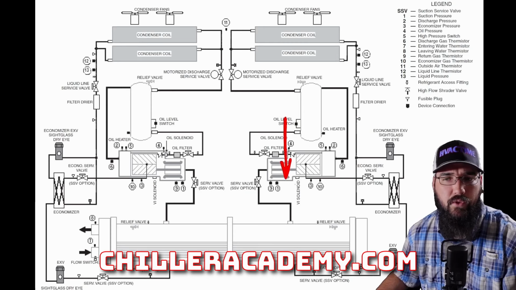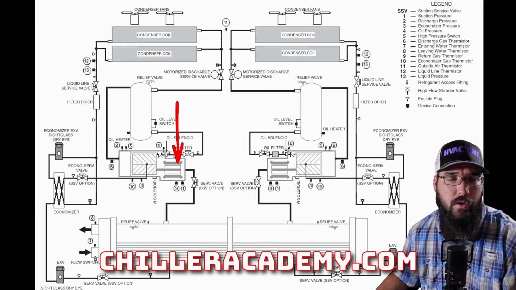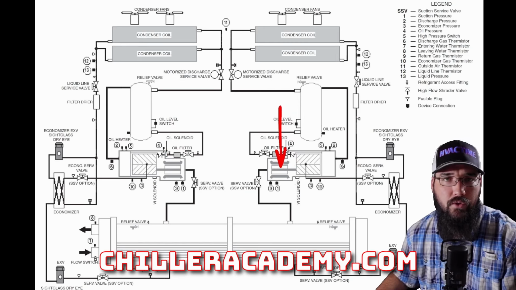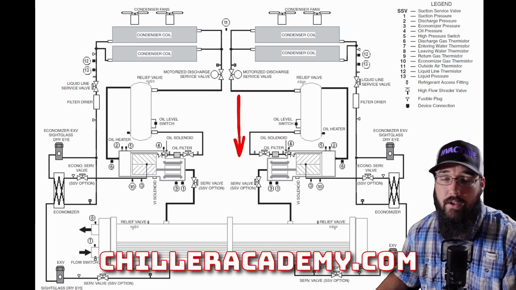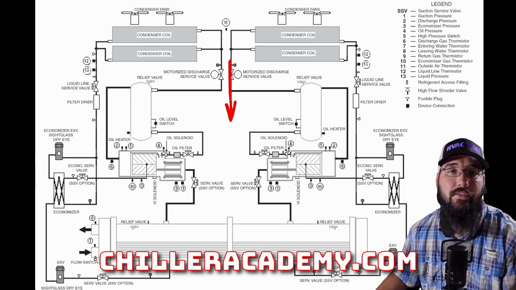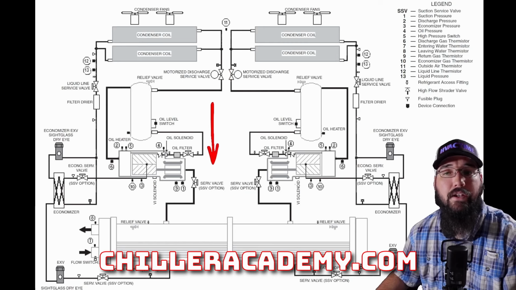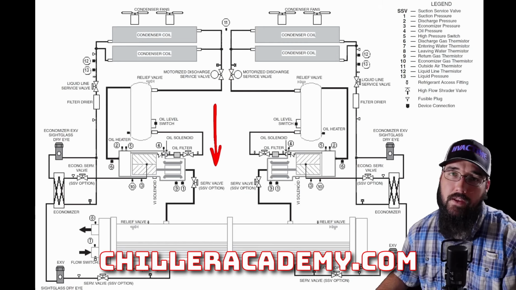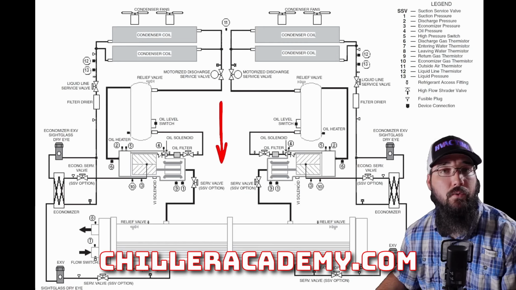If circuit 2 is fully loaded and running at max speed, and then it's time to bring on circuit 1, it will ramp circuit 2 down to a minimum speed, unload it, and then bring on compressor 1, and the two of them will ramp up evenly together simultaneously, and they'll match between the circuits. That's got a few different reasons as to why, but the point is that's how York is doing it.